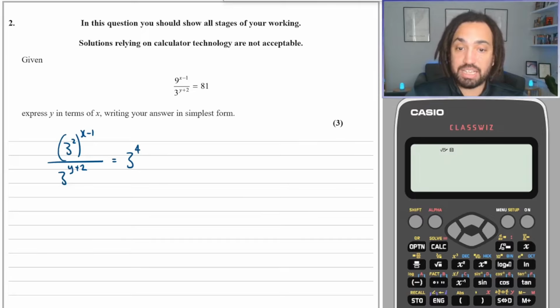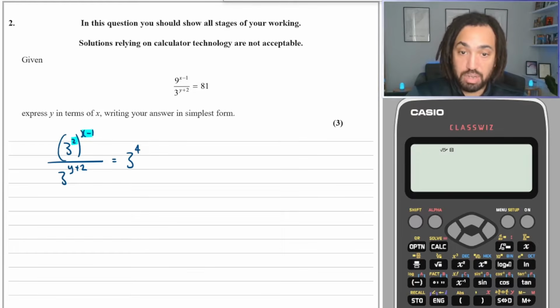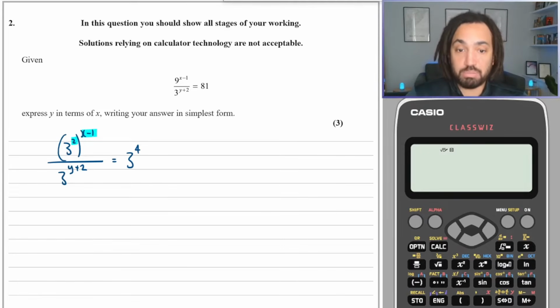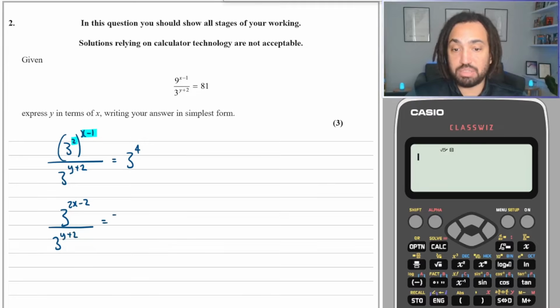We can expand those brackets out, and when we do so, the powers multiply. So 2 and x minus 1 need to be multiplied to get 2x minus 2, all over 3y plus 2, and that's equal to 3 to the power 4. Okay, what happens when we divide 3's, like we are doing right here? Well, we subtract the powers.